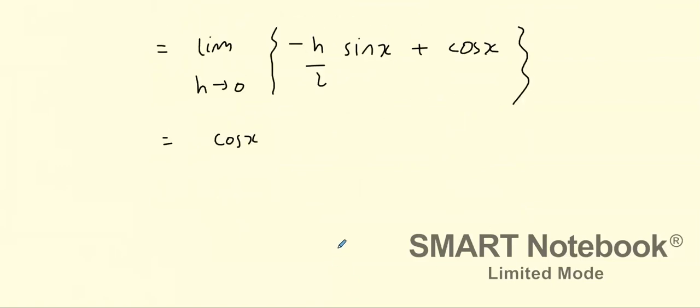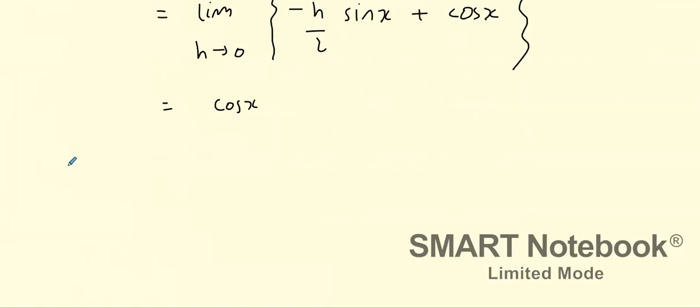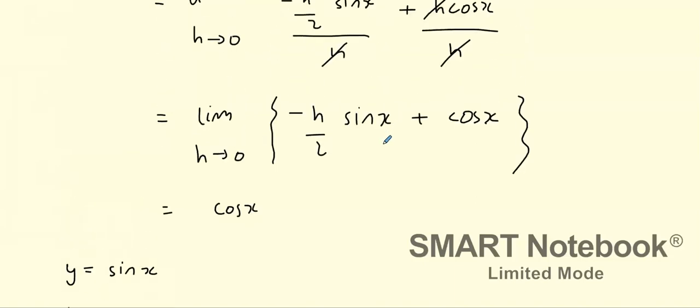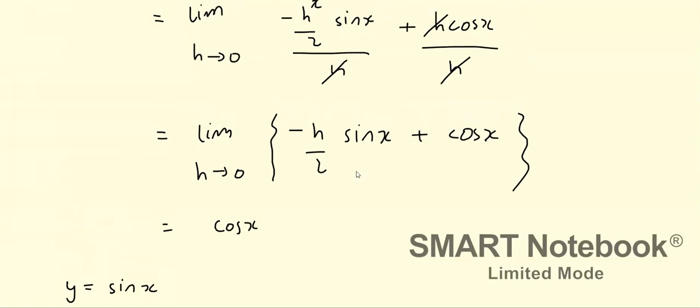So that tells me that if y equals sine x, dy by dx equals cos x. And that is what we have found out by doing this process. This is like a 4-mark question, to be fair. So, you know, it's 4% of a paper.